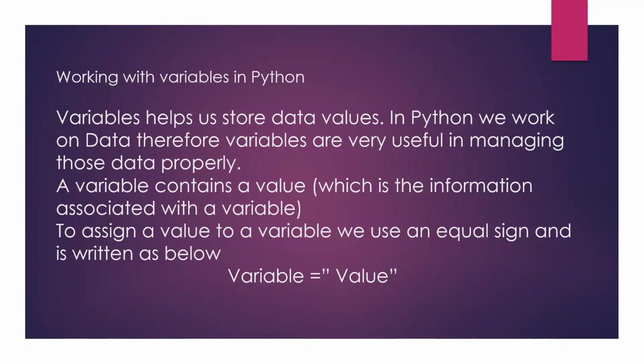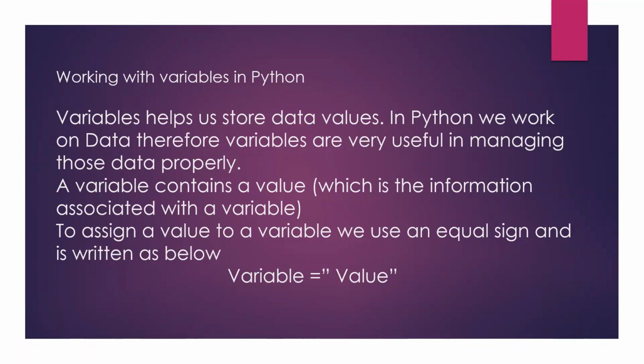For example, if A is equal to 2, then A is the variable and 2 is the information that is associated with A. So a variable contains a value, and that value is associated with that variable, and that value can also be a string. It need not necessarily be a number.